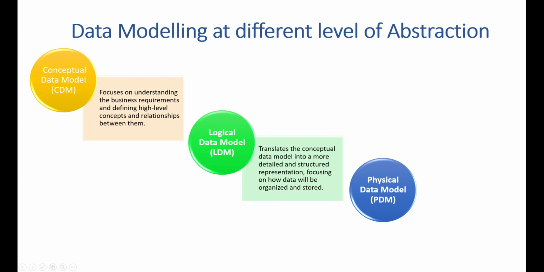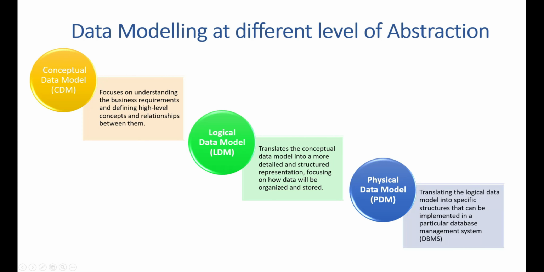And finally, when we talk about the physical data model, here is where we translate the logical data model into something specific and structured that can be implemented in a particular database. You consider any database: SQL, Oracle, NoSQL, any kind of database. Here we define the physical data model from the architecture perspective, defining exactly how the data will be stored in the database.